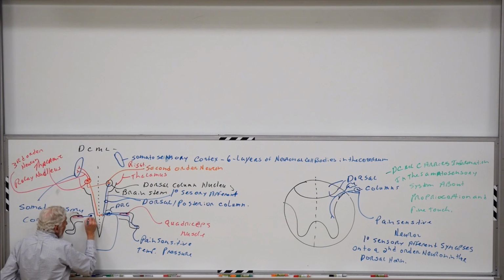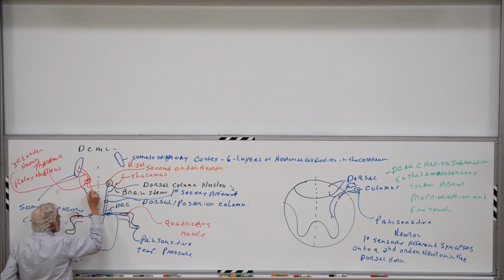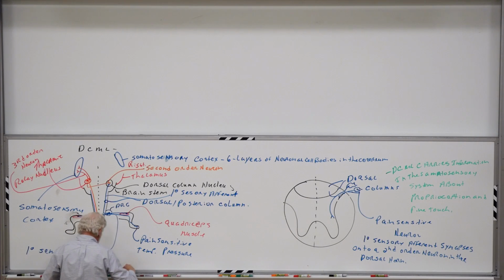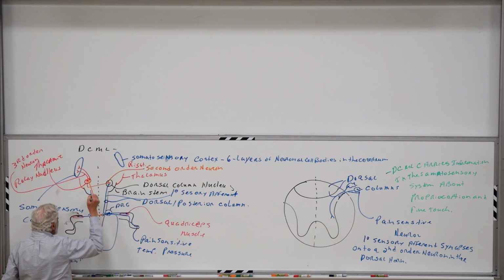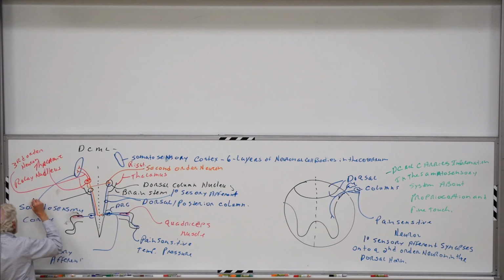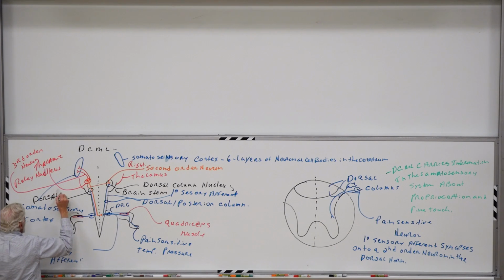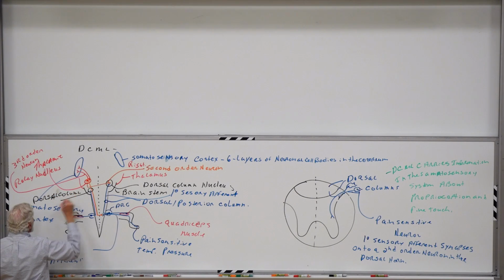It sends a process into the spinal cord and immediately ascends the cord now on the left side until it reaches the dorsal column nucleus.